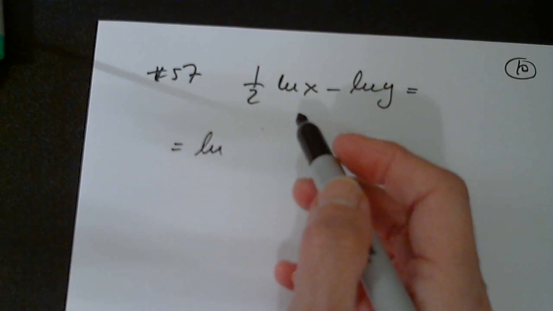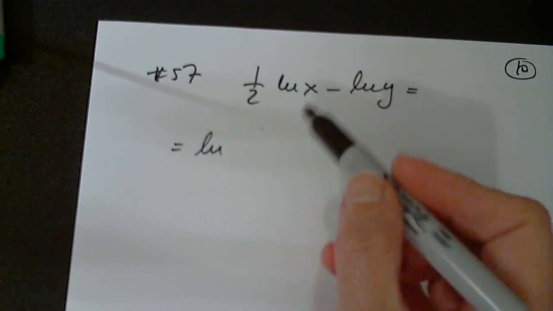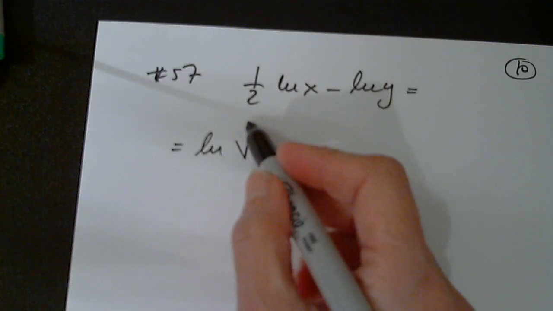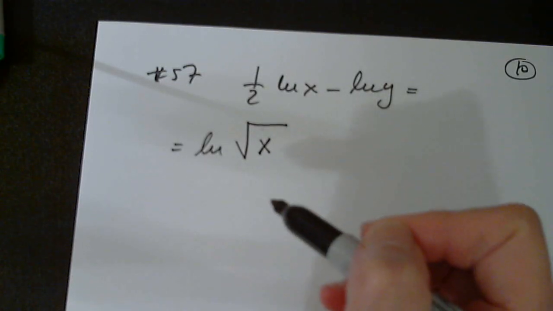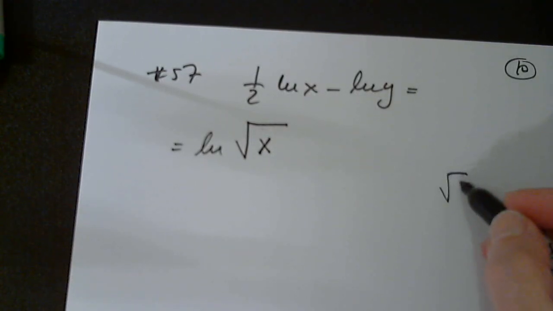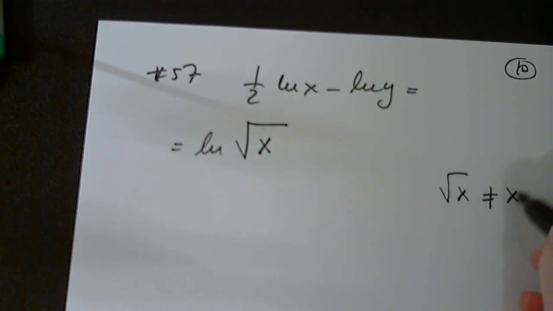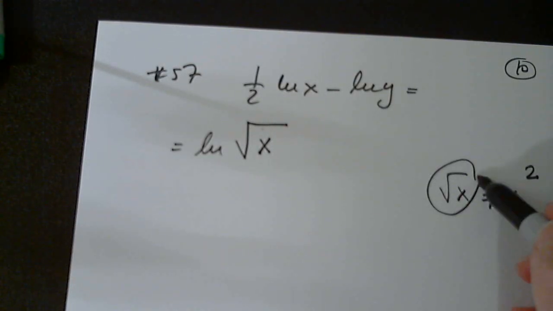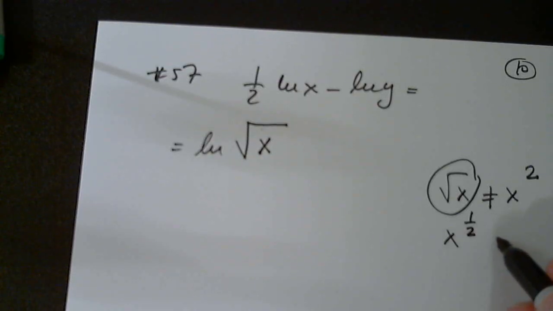We just talked about it. If it's power 1/2, it would be x squared, right? You mean the square root. So again, the square root of x is not the same thing as x squared. This is x to 1/2 and cannot be equal to this.